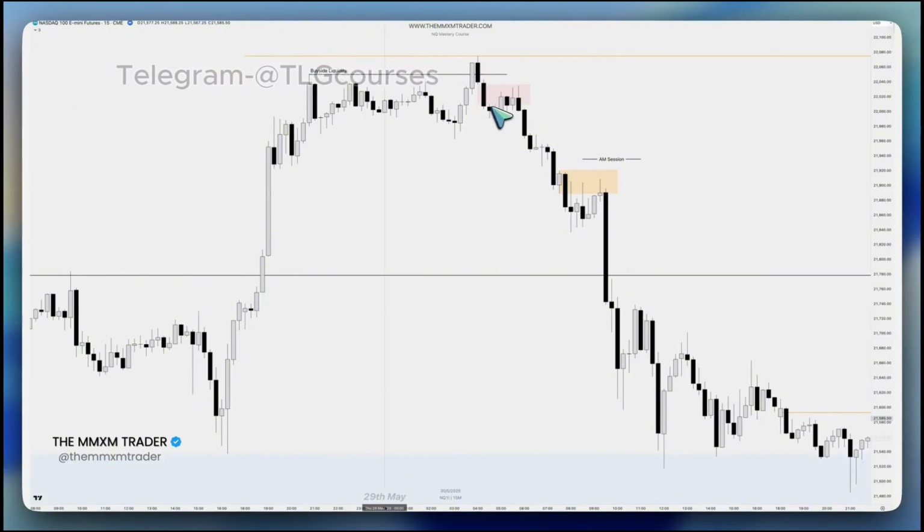Market then trades lower, creates a fair value gap, starts to expand away. We know we're aiming for internal range liquidity. We know we're bearish because it's the end of a monthly candle. And then in the AM session equity open, we see this order block here holding very nicely and then it sells off aggressively to the internal range liquidity, right?